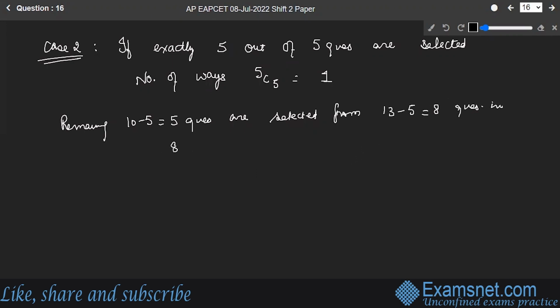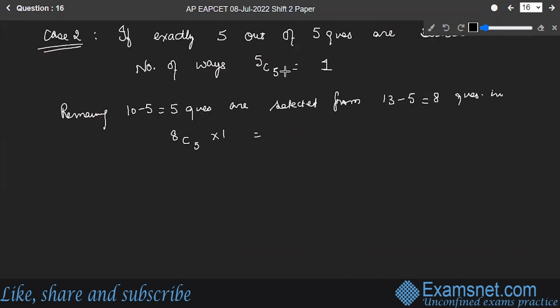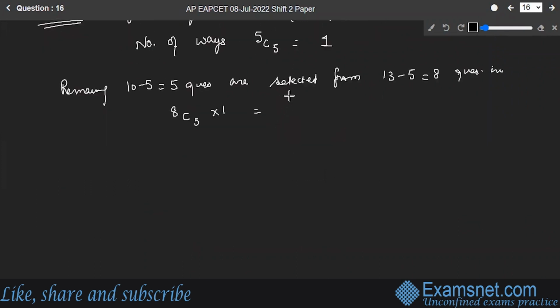That is equal to 8C5 into 1. Here it was into 5, right? So 8C5 into 1, which will give you 8 factorial upon 5 factorial into 3 factorial into 1, that is equal to 56.